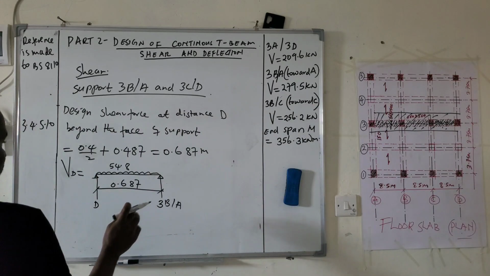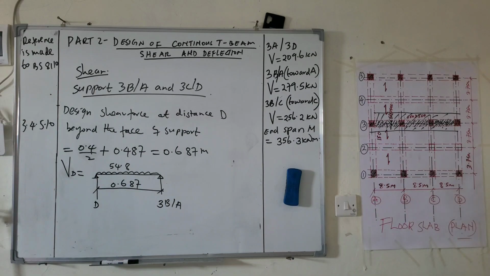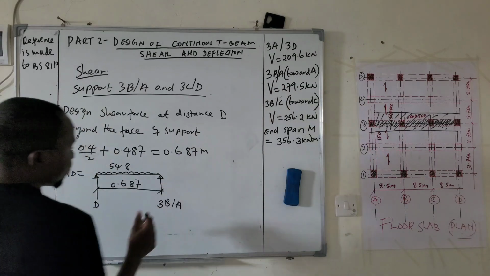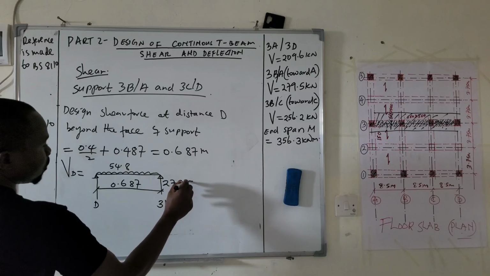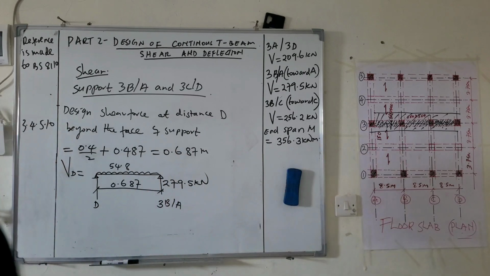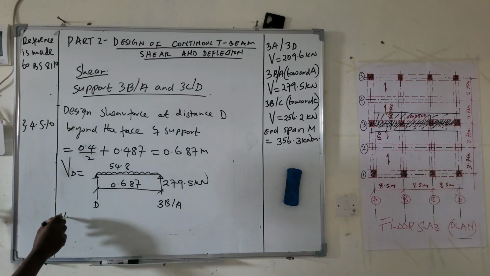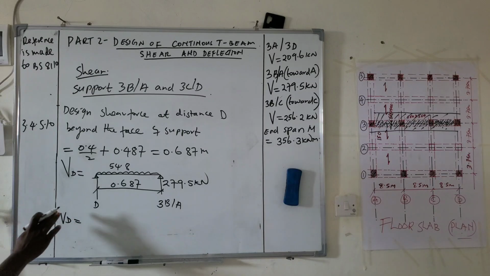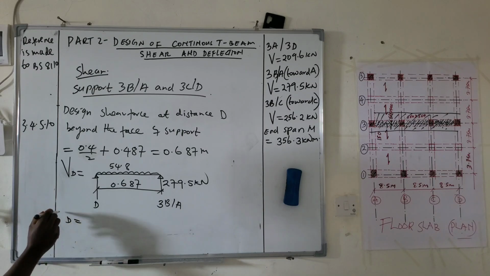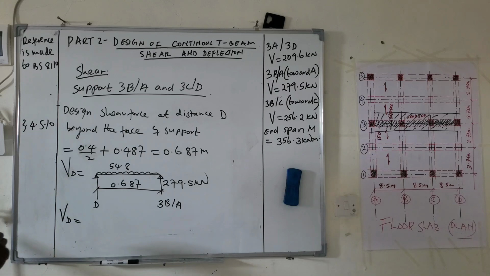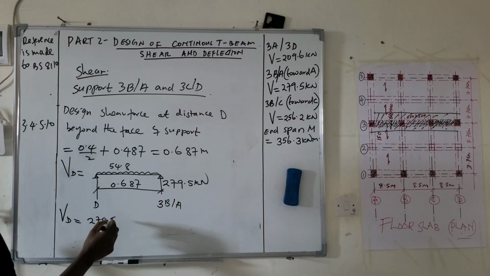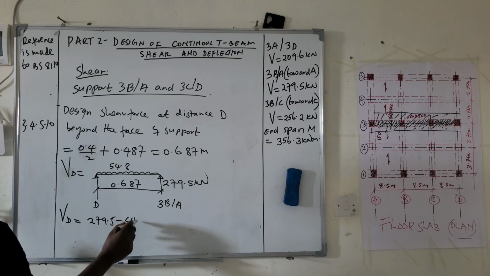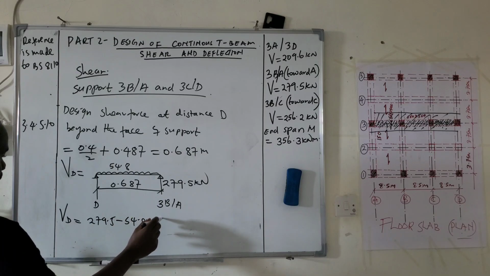So we want to know the shear force at this point D. But you know the shear force at 3B, which is 279.5 kilonewton. So VD, remember it's capital V, VD is equal to 279.5 minus 54.8 times 0.687.